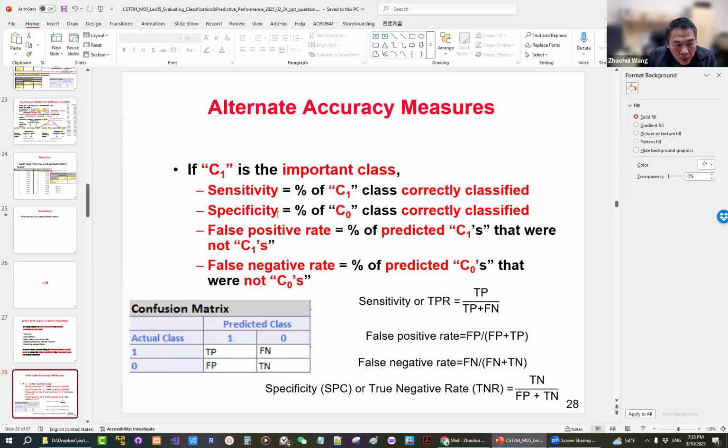We also use specificity to evaluate the actual class 0: TN divided by FP plus TN. This specificity evaluates the percentage of class C0 correctly classified.